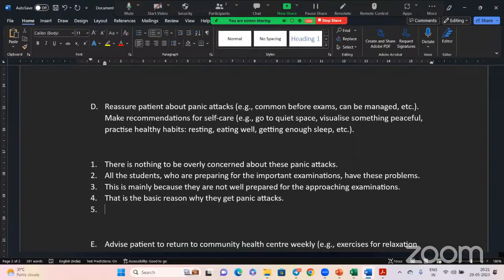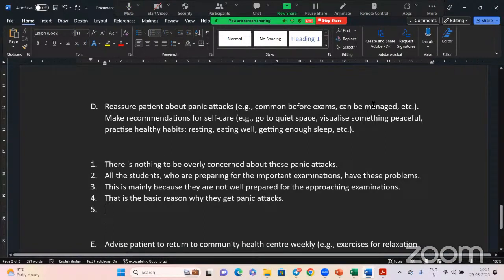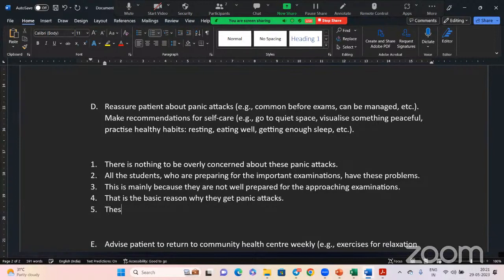Okay. So now, these situations can be managed effectively by preparing for the tests well in advance.